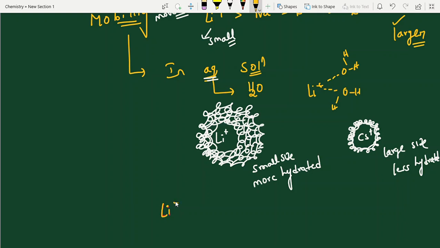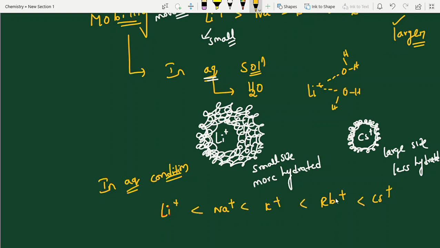Lithium plus, sodium plus, potassium plus, rubidium plus, cesium plus. After seeing the cations, you have to check it in aqueous condition. If they have mentioned aqueous, your answer will be reversed. So the large size mobility is now faster.